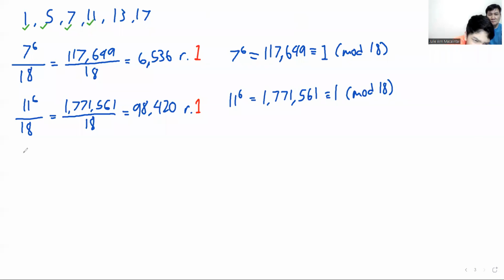And then 13 to the 6. That's 4,826,809. Okay, they are becoming too large.